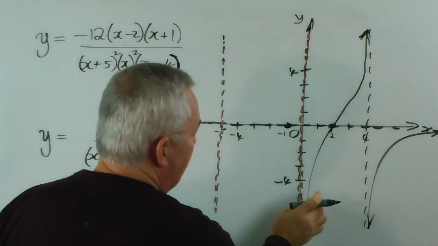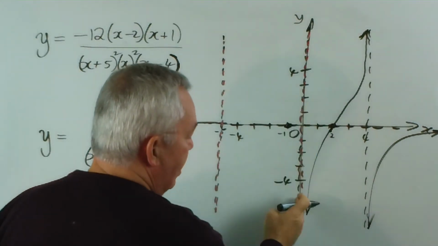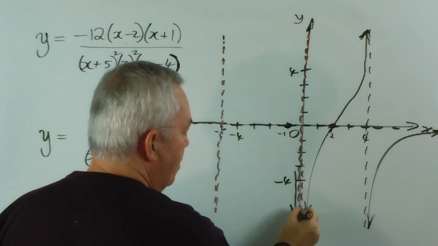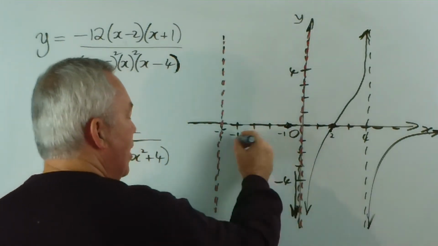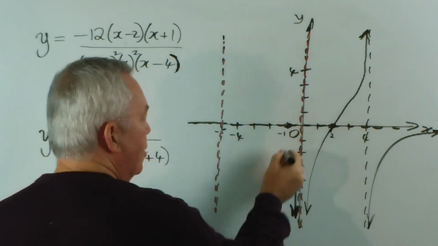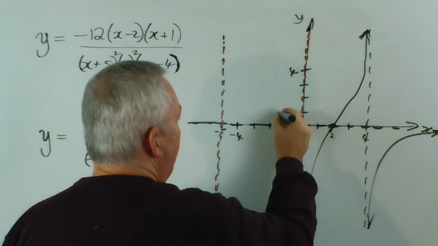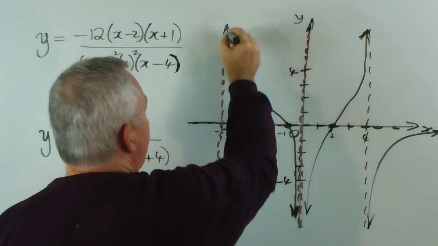We have a double asymptote here, so we're going to have a corresponding part of the graph here. And we would normally expect it to loop like this, but we've got another crossover point. So it's going to come up and through and do that.